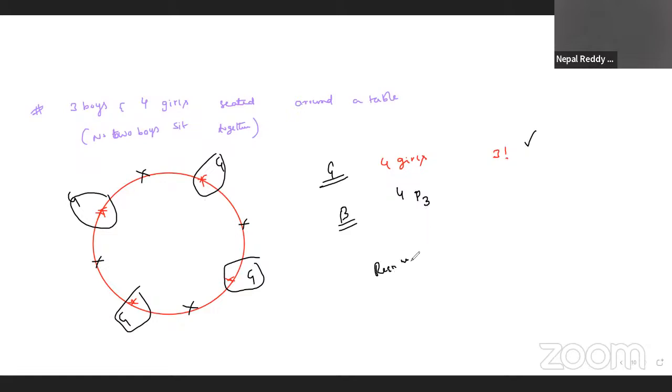Therefore, the required number of ways is 3 factorial into 4P3. Therefore, 6 into the 4P3 value, 4 into 3 into 2, which is 24, into 6. 144 is the right answer.